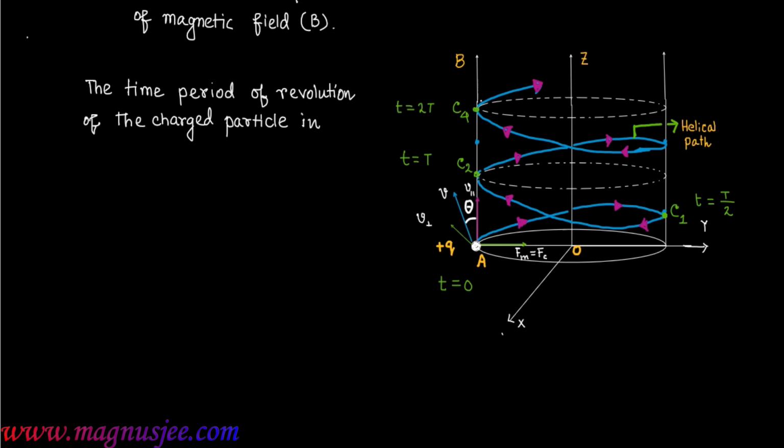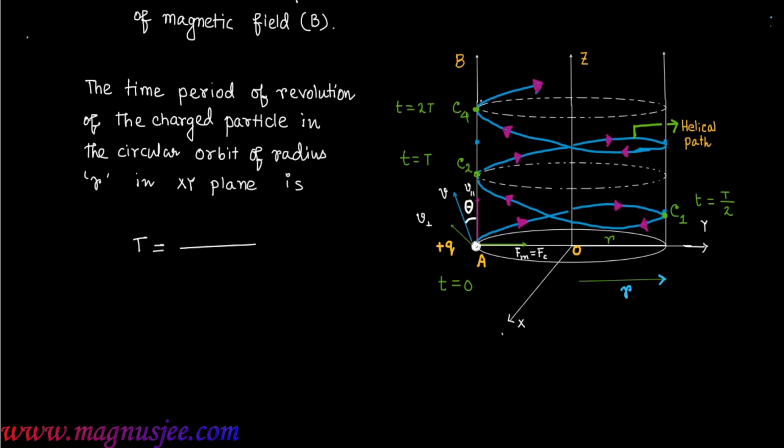The time period of revolution in the circular orbit of radius r in the xy plane is given by T equals 2 pi r divided by V perpendicular.